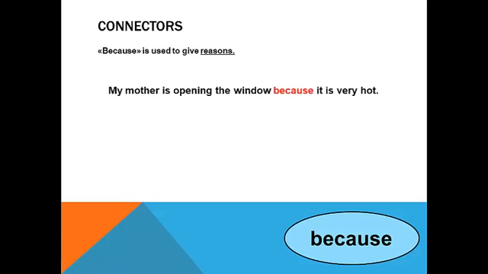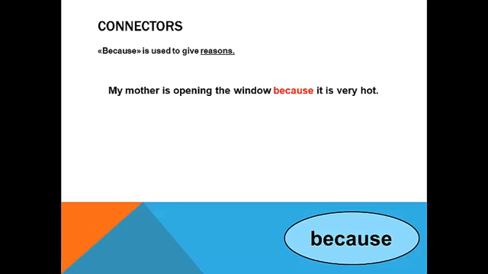Let's continue with more examples here, and here we have the connector because. The connector because is used to give reasons. Basically we use it to give or show reasons about an idea or situation.